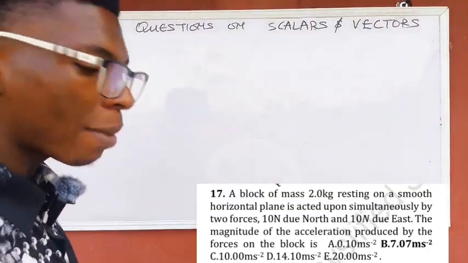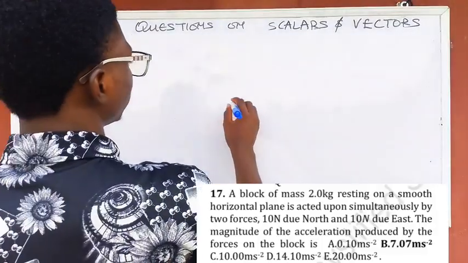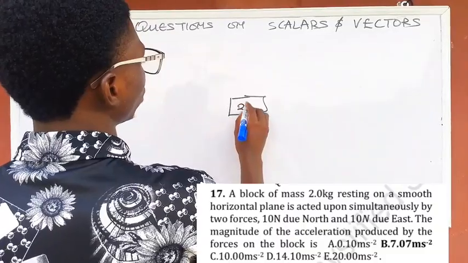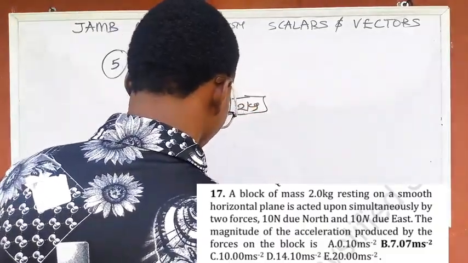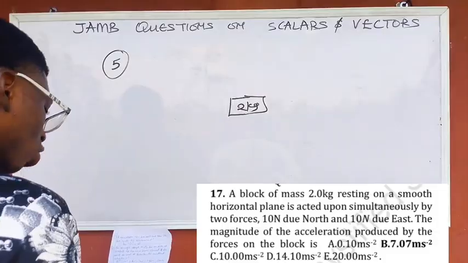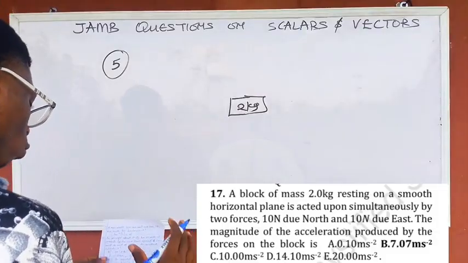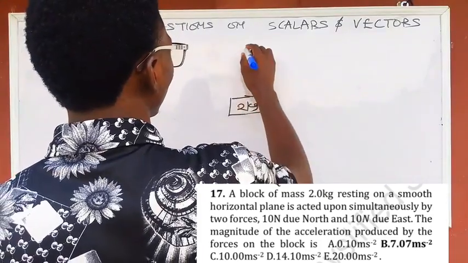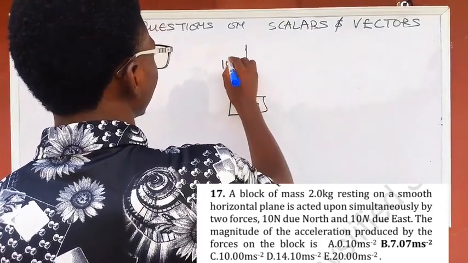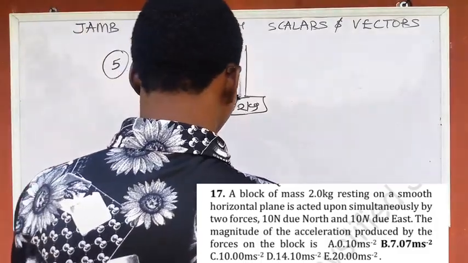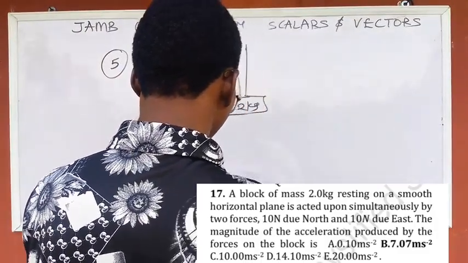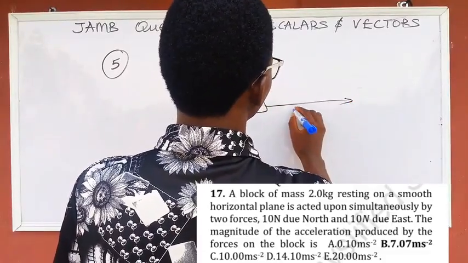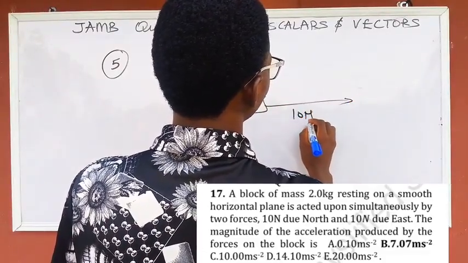This is a block of mass 2 kg on the floor, being acted upon by two forces. One is due north, and the force is 10 Newton, and another is also 10 Newton, due east.